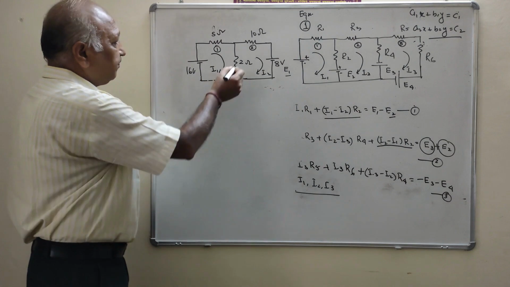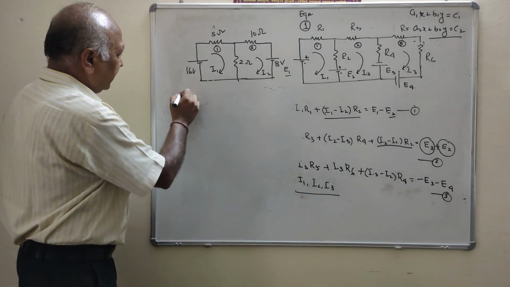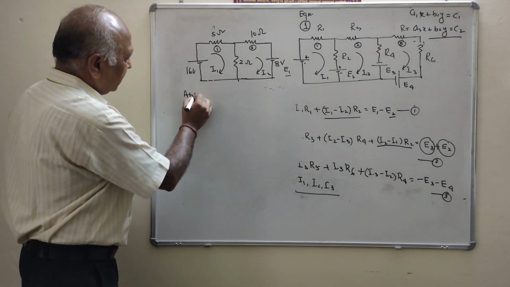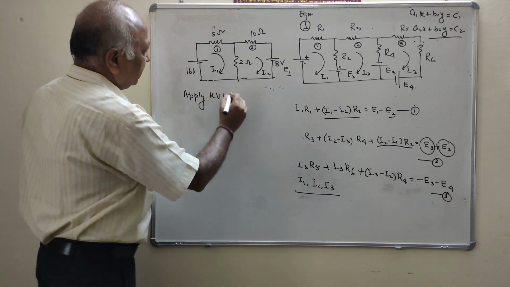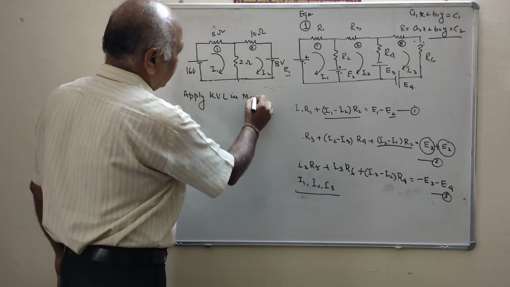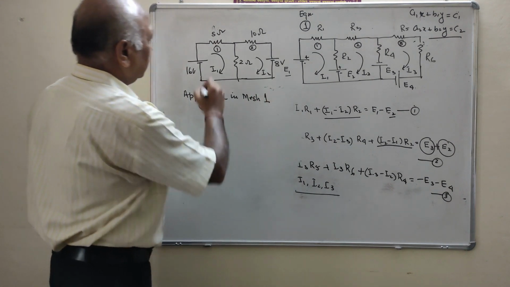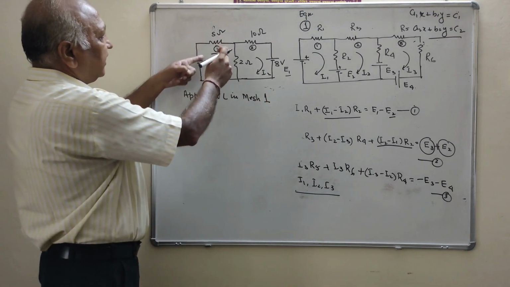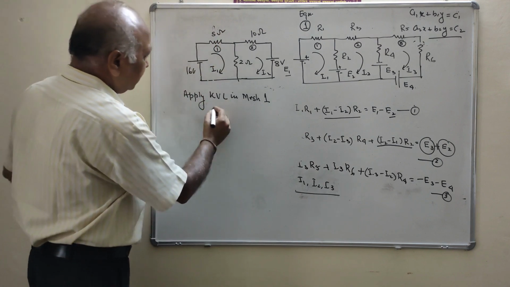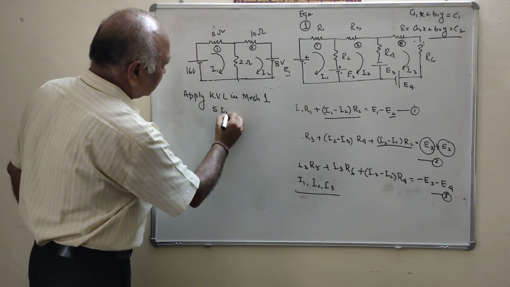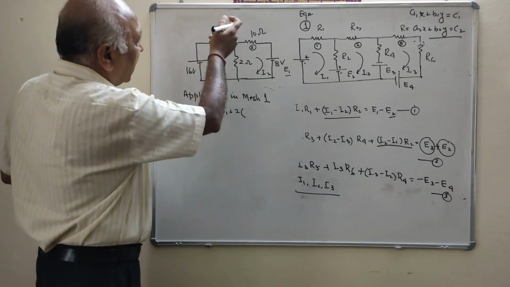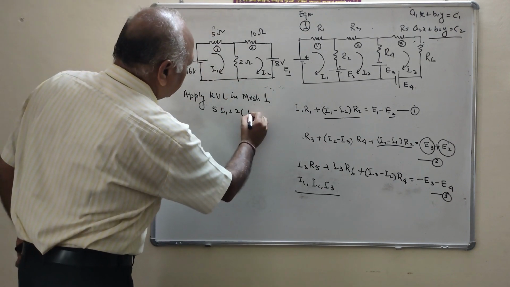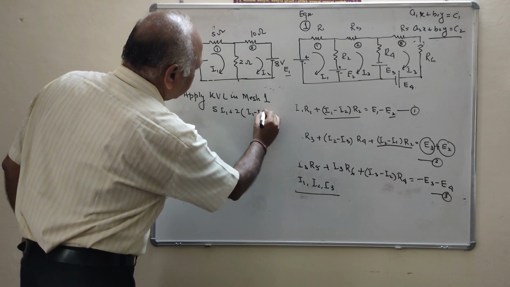Clear? When we apply KVL in mesh 1, what is the equation? 5 into I1, that is 5I1 plus 2 I1 downward, I2 upward, that is equal to I1 minus I2.